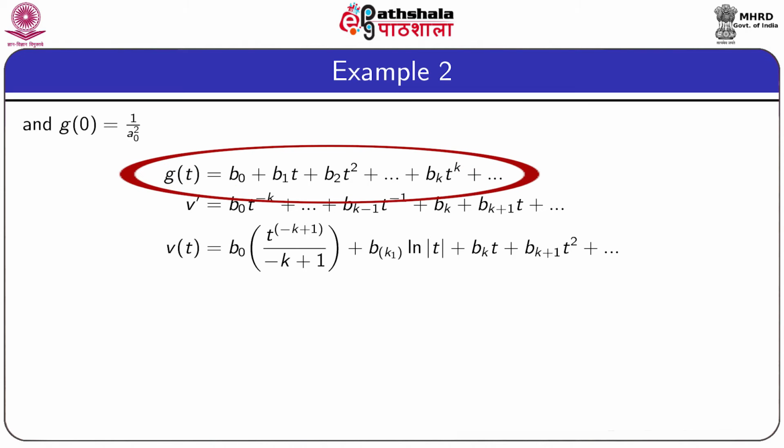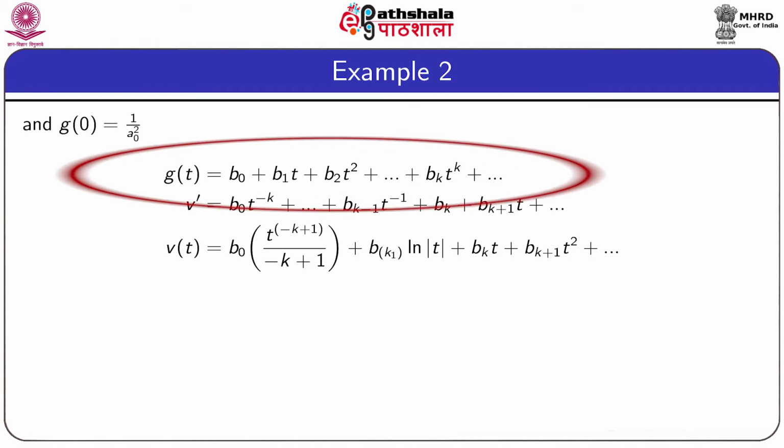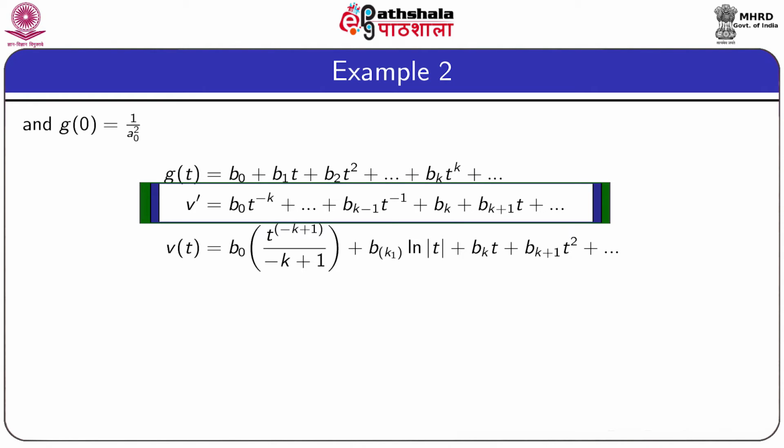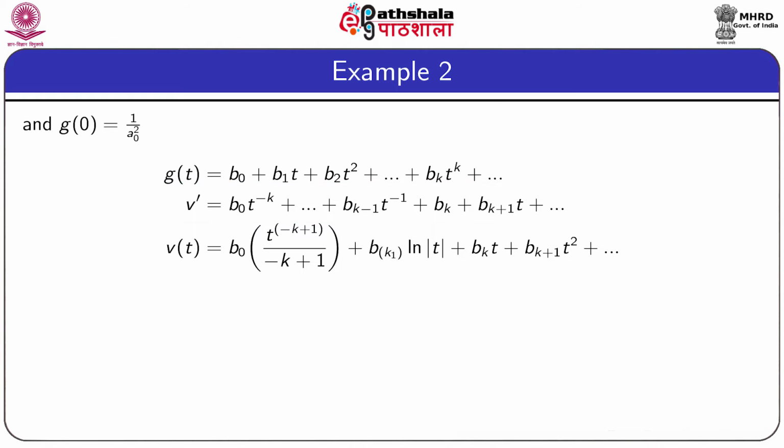g(t) is equal to b0 plus b1 t plus b2 t square plus dot dot dot plus b_k t to the power k plus dot dot dot, or v dash is equal to b0 t to the power minus k plus dot dot dot plus b_(k-1) t to the power minus 1 plus b_k plus b_(k+1) t plus dot dot dot.